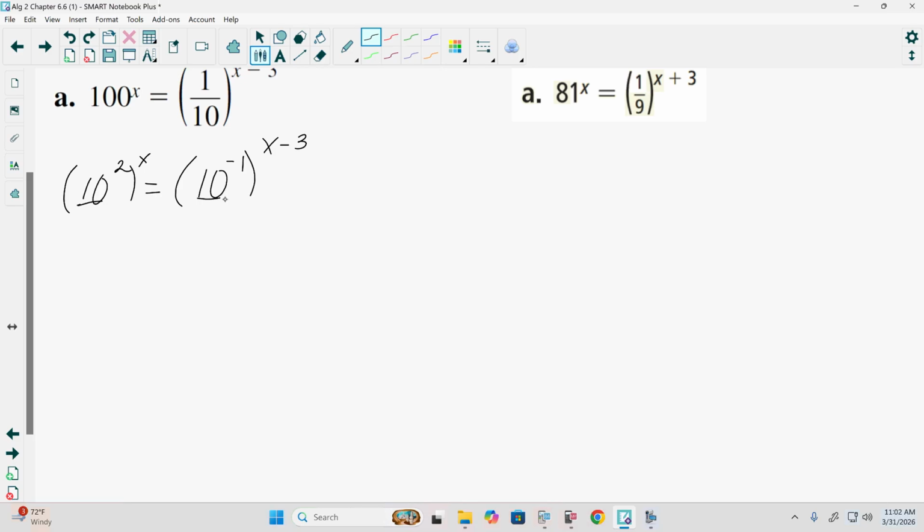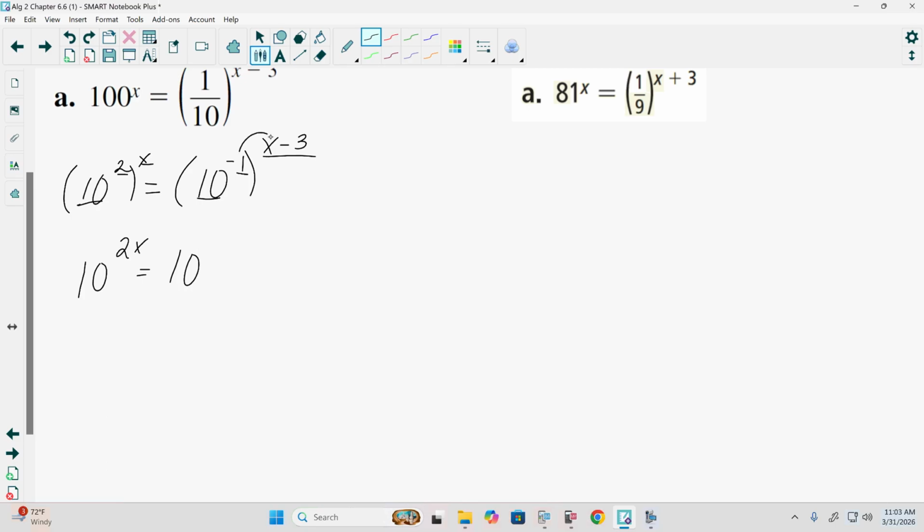Now, before we start setting exponents equal to each other, it might be helpful to simplify some of this out, because we do have powers of powers. And powers of powers multiply. So 10 squared to the x, 2 times x is 2x. And 10 to the negative first to the x minus 3, we're going to multiply x minus 3 by negative 1.